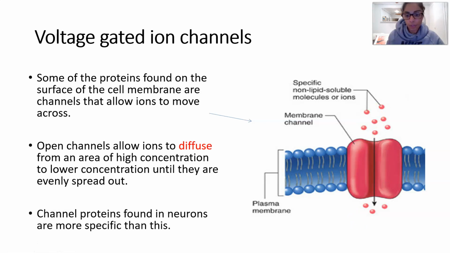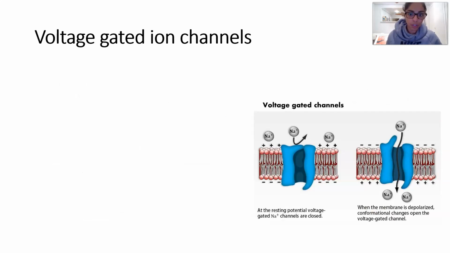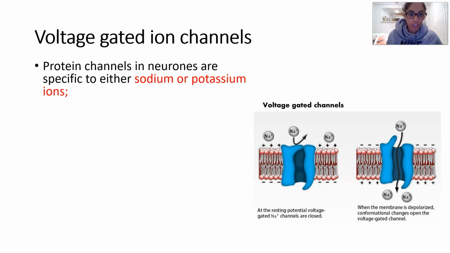Now, these channel proteins are found in neurons, but there are other ones which are a little bit more specific, which we are going to be looking at. So there are voltage-gated ion channels which are specific to sodium or potassium ions. So that's ions that we have mentioned previously.